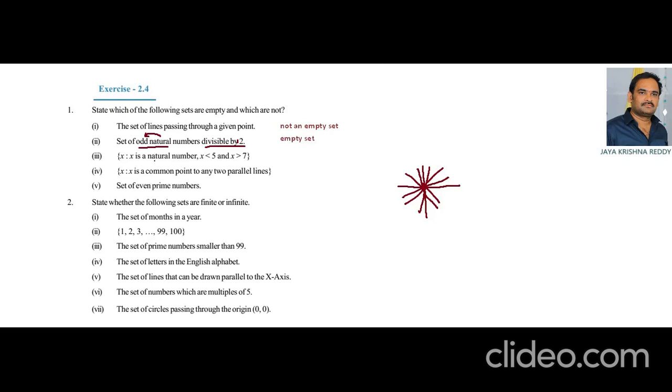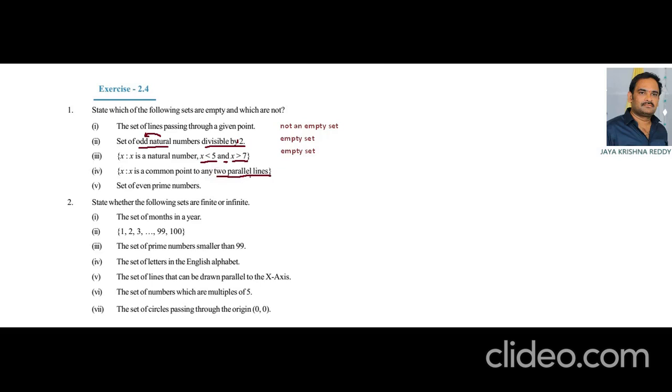Third one, x is a natural number, x less than 5 and x greater than 7. The number should be a natural number which is less than 5 and at the same time greater than 7. That is also not possible. So this is also an empty set. Fourth one, x is a common point to any two parallel lines.